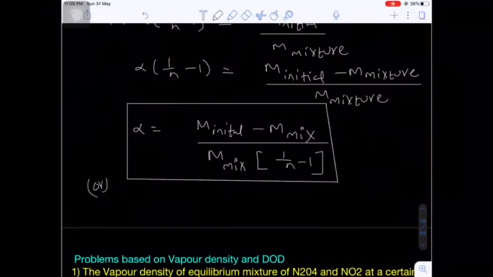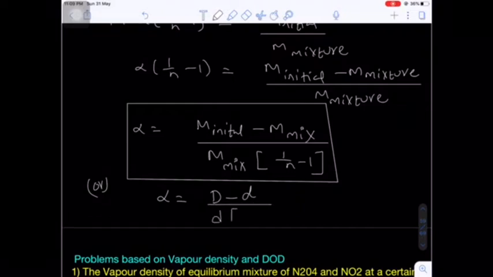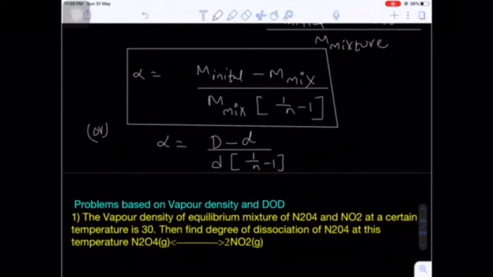Or we can write it in terms of vapor density: initial vapor density capital D minus vapor density at equilibrium, that is small d, whole divided by small d, multiplied by (1 by n minus 1). Remember the n value should always be greater than or equal to 2.